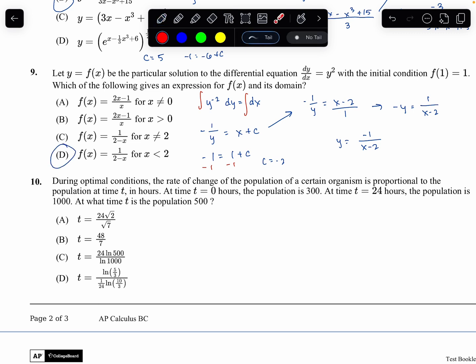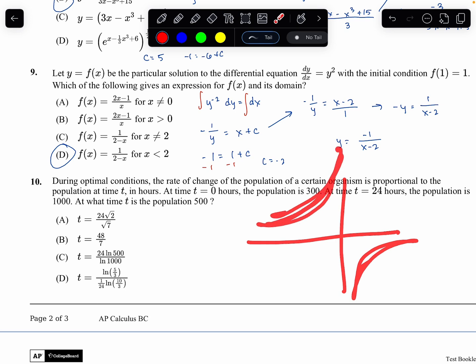So it's kind of weird how these rational functions work out in terms of solutions to differential equations, but the domain depends on if there are multiple branches of the function, like a rational function.